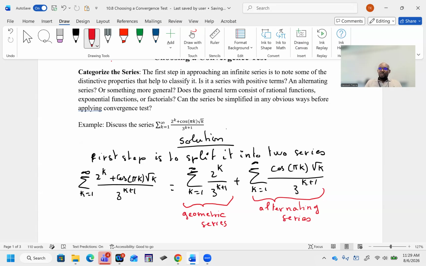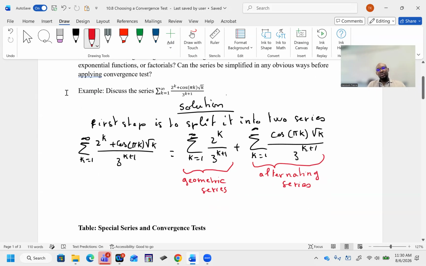The general term of the first series is a ratio of exponential functions, so this series is a geometric series that can be evaluated explicitly. But for the second series, cosine of pi k is the same thing as negative 1 to the power of k. So we see that the second series is an alternating series whose convergence can also be tested.